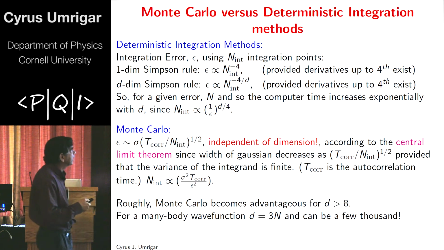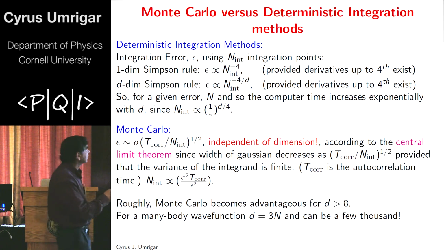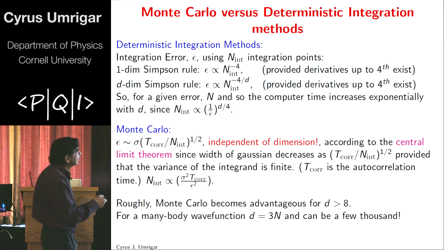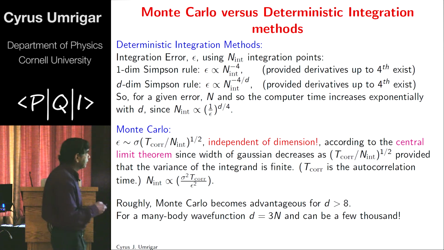Let's compare to regular deterministic integration methods, for example, Simpson's rule. We know that in Simpson's rule, the error converges as 1 over the number of integration points to the 4th power, provided that the function is sufficiently smooth. But now think about what happens in d dimensions.